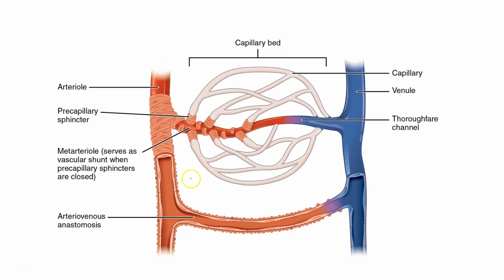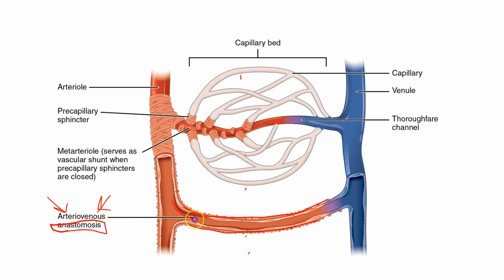The second way that it's regulated is there are these things called anastomoses. An anastomose is a general term that refers to any place, anytime you have a vessel connecting two other vessels. And here, because it's a vessel that branches between the arterial and the venous side, this is kind of the division again between the smallest artery and the smallest vein, we call it an arteriovenous anastomose.